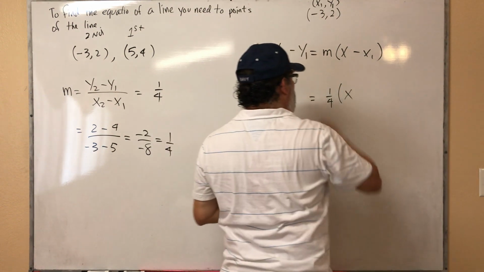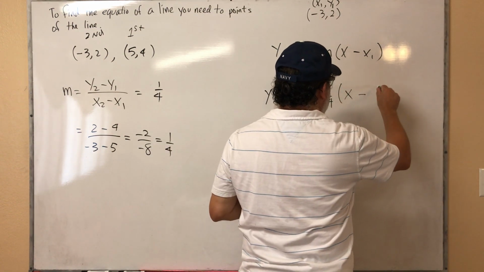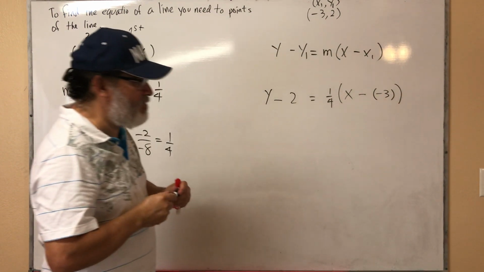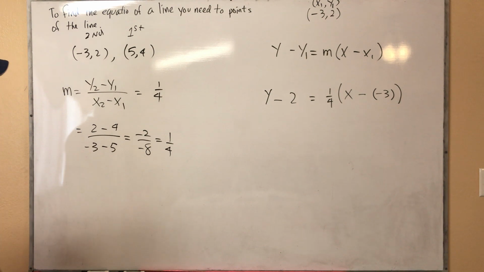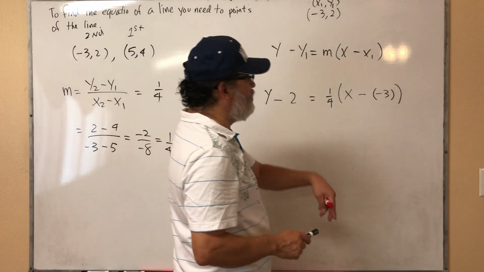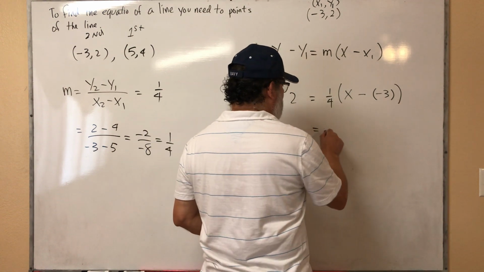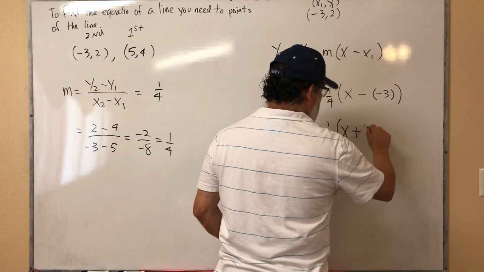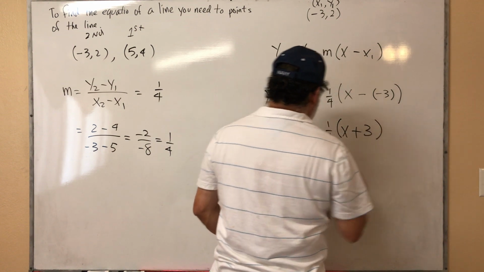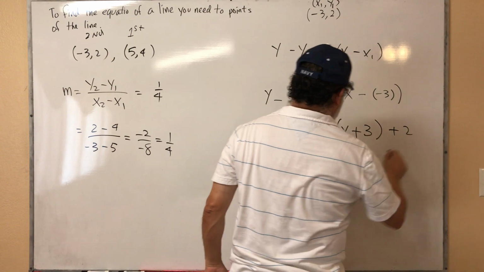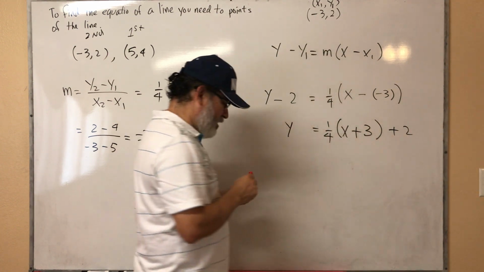That's x minus -3. That's what I meant to say. And now you simplify. This is 1/4 times x plus 3. And then you bring this over. Plus 2 equals y.